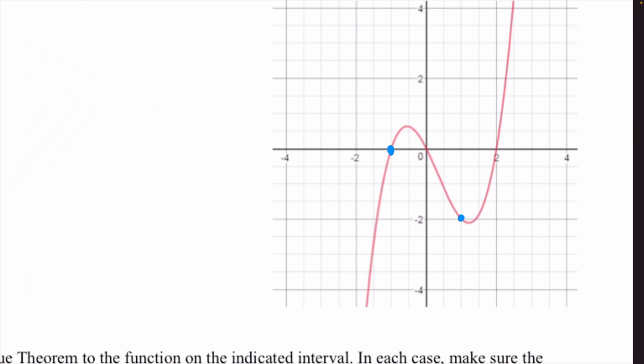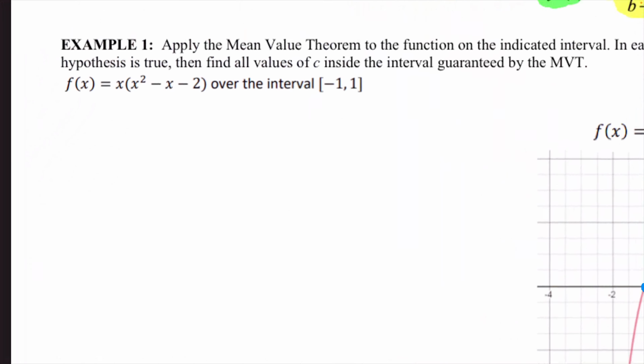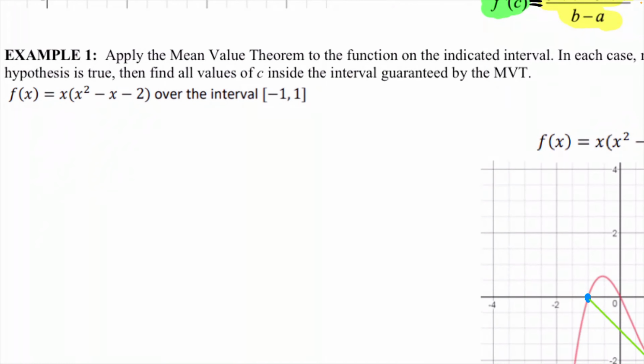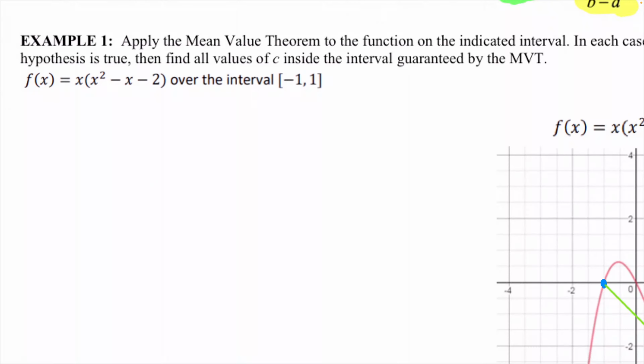Oh my. What an interesting slope. That's the average rate of change right there, if I were to find the slope of that green line. Okay? It's barely under 1. In each case, make sure the hypothesis is true. Then find all the values of c.